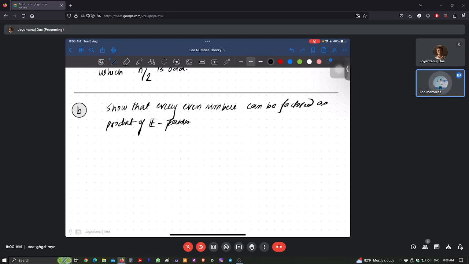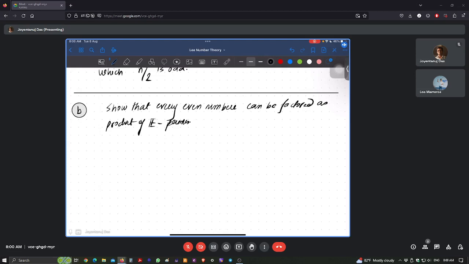So in the demonstration, we say that if we have a number n, either n is prime or n plus one is prime. Why does it say n or n plus one?